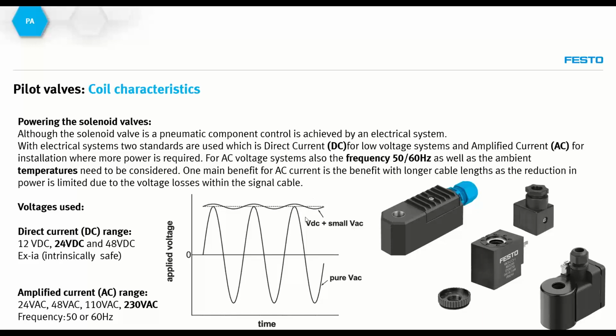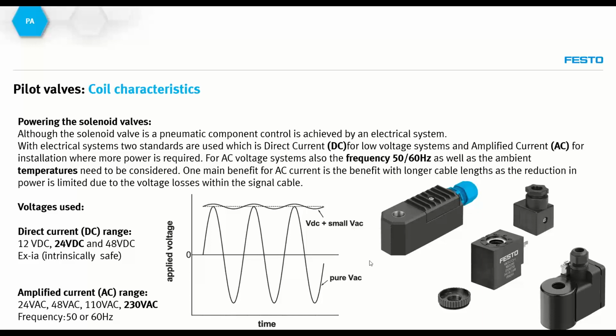This voltage is mainly used for lower voltage systems, and this is also why we mainly see ranges between 12 volts, 24, which is the most common in the industry, up to 48 volts. It's a less risky installation, but this is also why we see, for example, the use of these voltages with intrinsically safe systems, known by the blue cable glands of the solenoid valve.